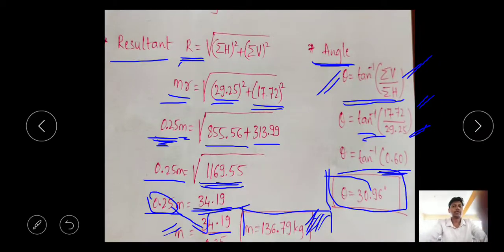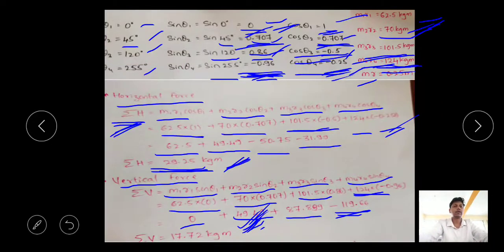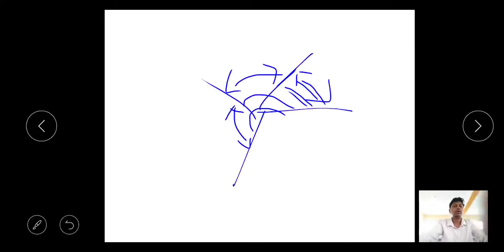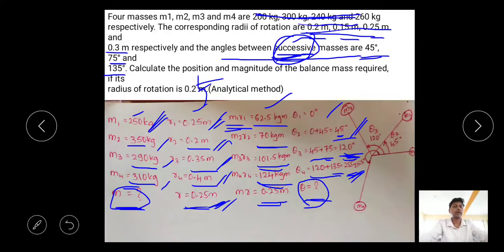So here the only thing which is different is, you need to remember successive angles. See, in the last two problems the angles were given directly from this mass, so 45, 120 and 255 were given directly. Now he is saying successive masses. Successive means between these two, and between these two.